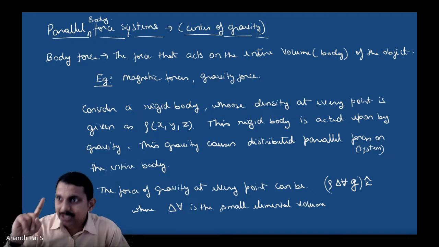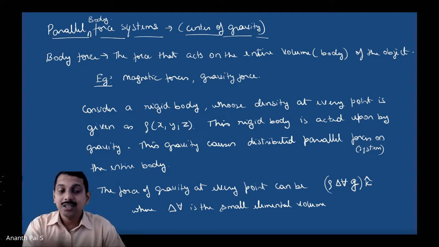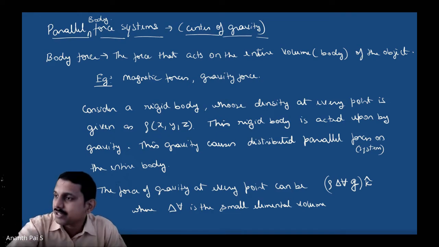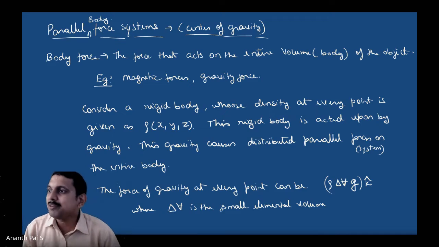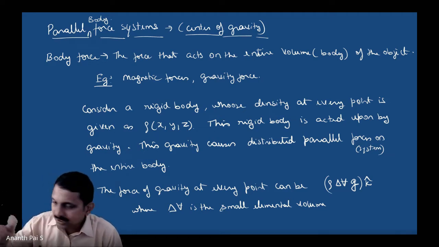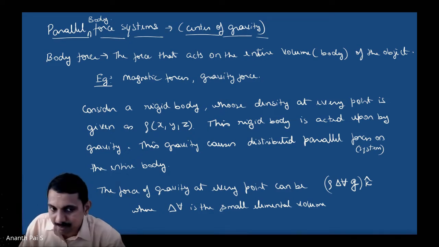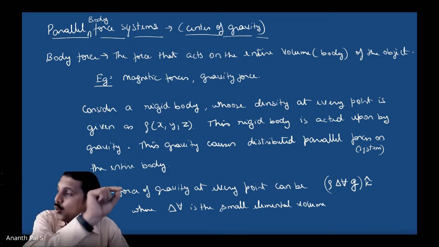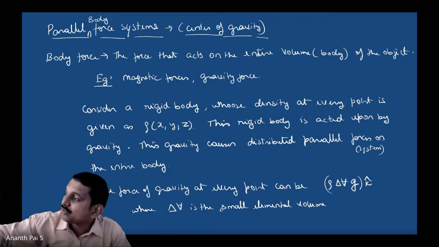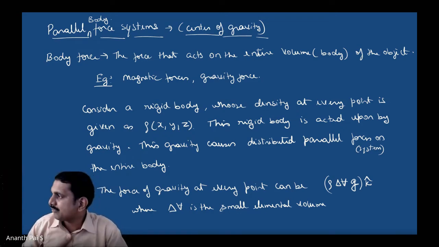But we have to keep in mind that we have considered the z in the direction of the gravity force. Sometimes with mathematics, we have to be flexible and adjust it according to the physics. So if z is positive upwards, then the force of gravity at every point would be minus rho delta V g k. If z is in the direction of gravity, then this will be positive, which I have considered now.